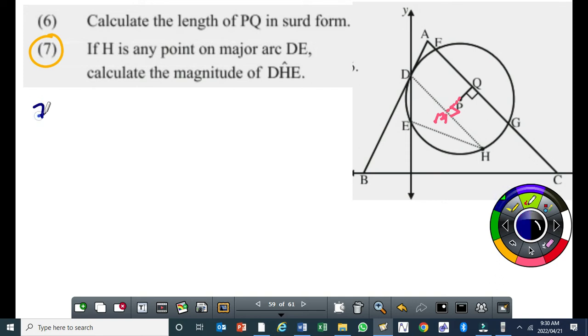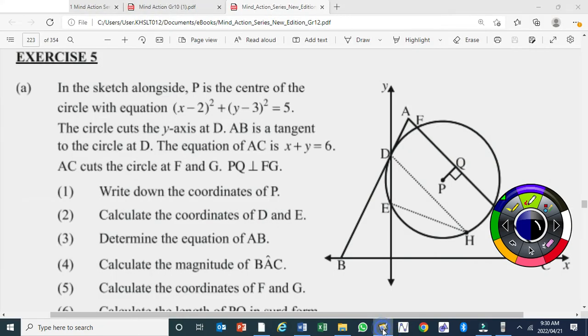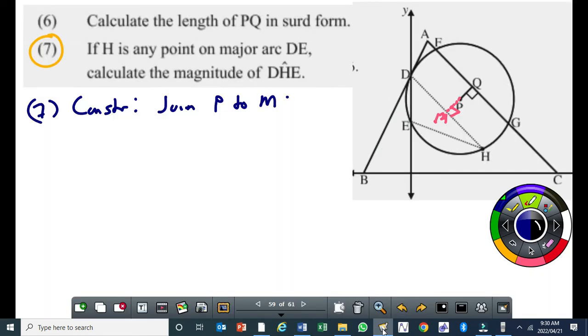So number 7, we say construct, join P to M. That's by construction, such that PM will be perpendicular to DH.